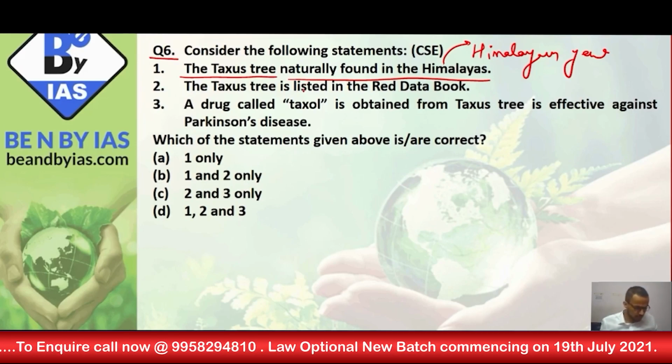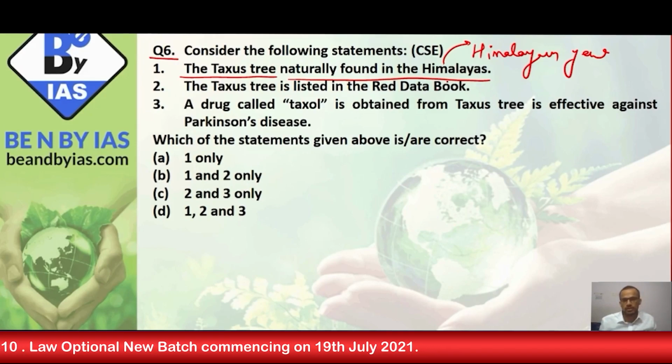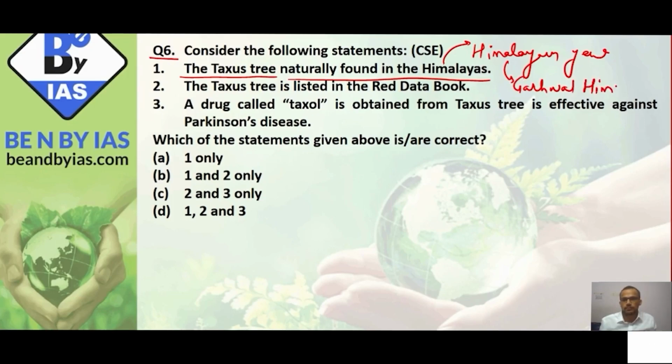And this particular tree's habitat is the Garhwal Himalayas. So Himalayan yew is found in the Garhwal Himalayas, and that's why this first statement is true or correct.